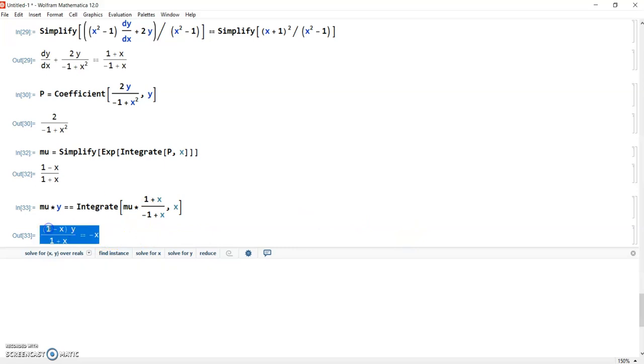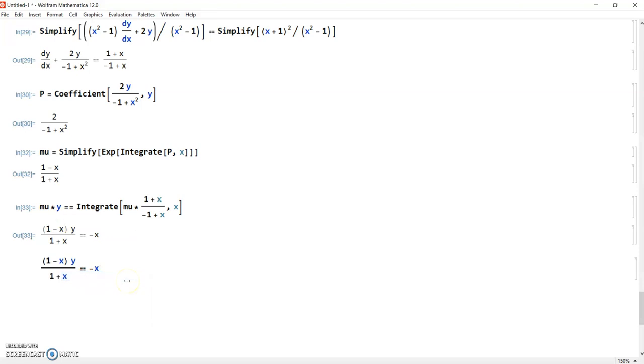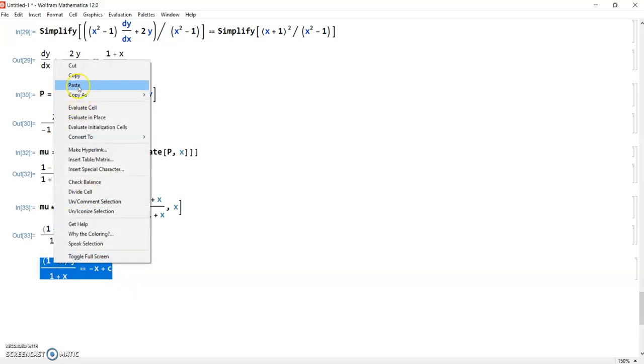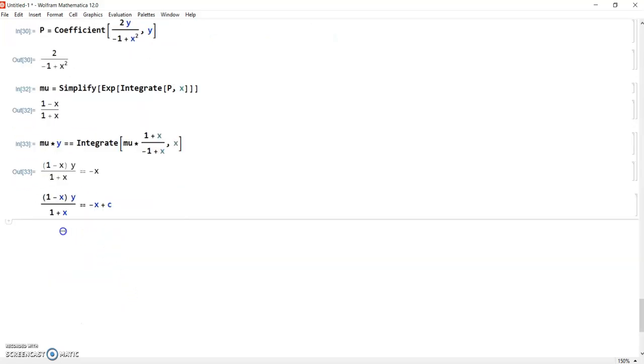So now in this next step, we need to manually enter the constant of integration. And now we can further simplify it in terms of y. So for y, we need to multiply both sides of the equation by 1 plus x divided by 1 minus x, right?